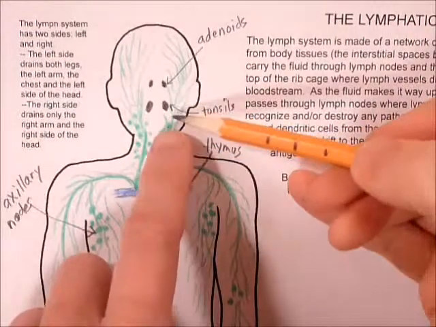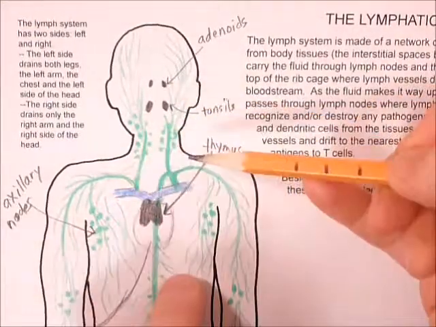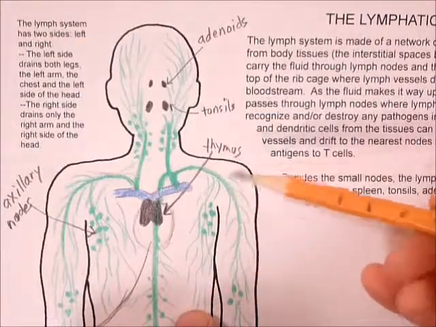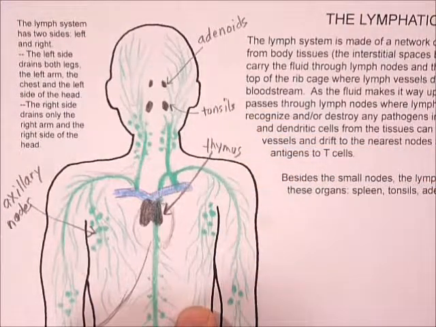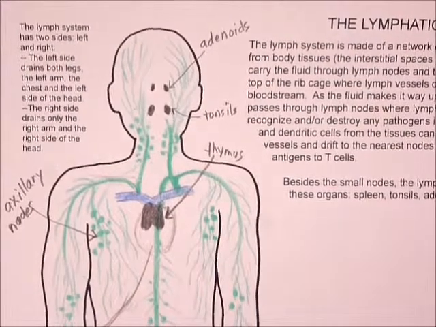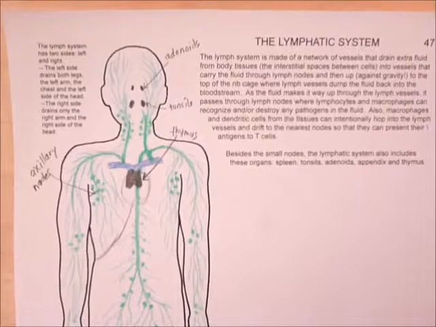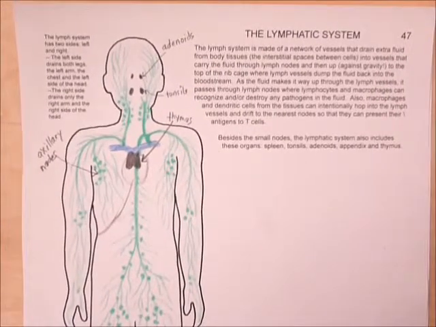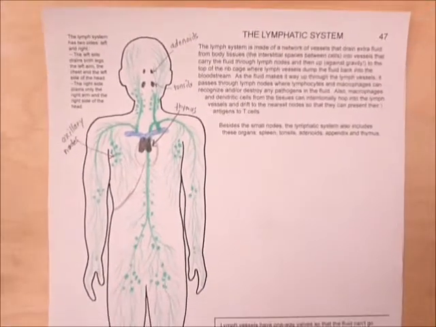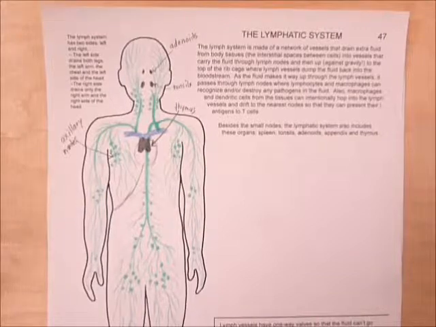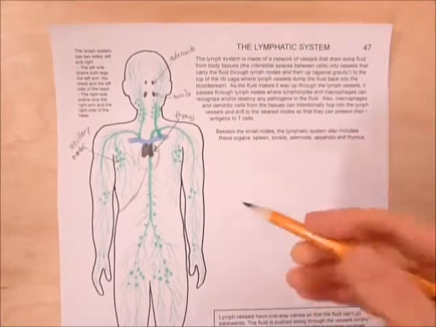So can you live without your tonsils? Yeah, you have your adenoids, and you're going to have your spleen and your lymph nodes and stuff. But to be most efficient and most resistant to disease, you need to have all your lymphatic organs. Okay, so let's go down to, let's put in the spleen.